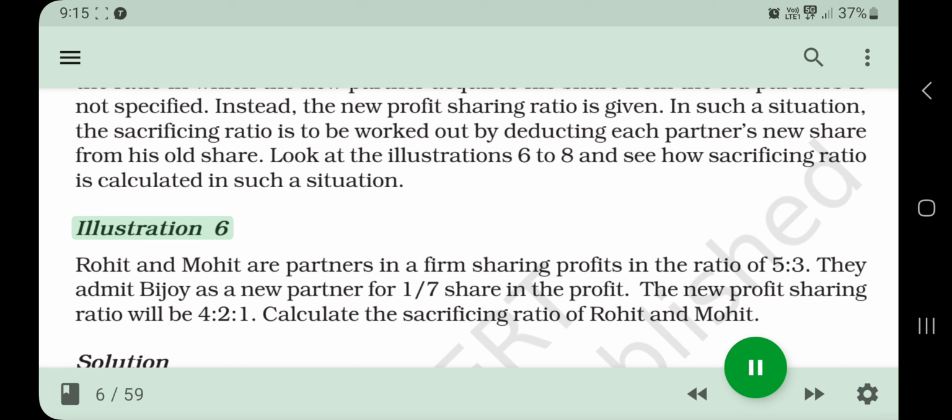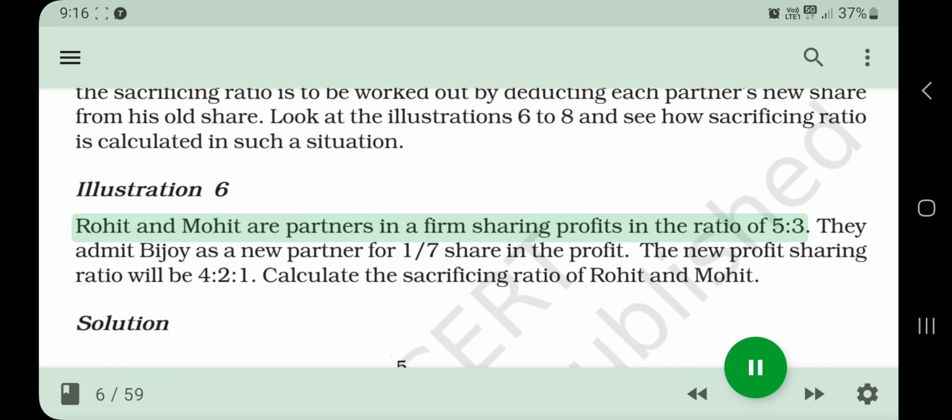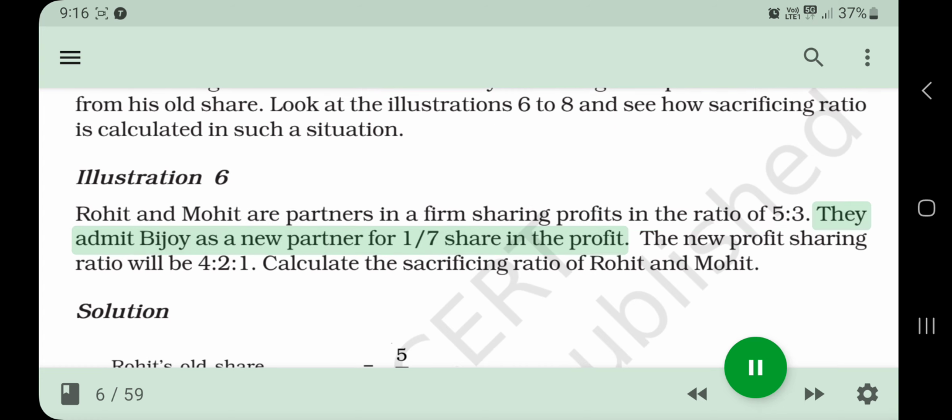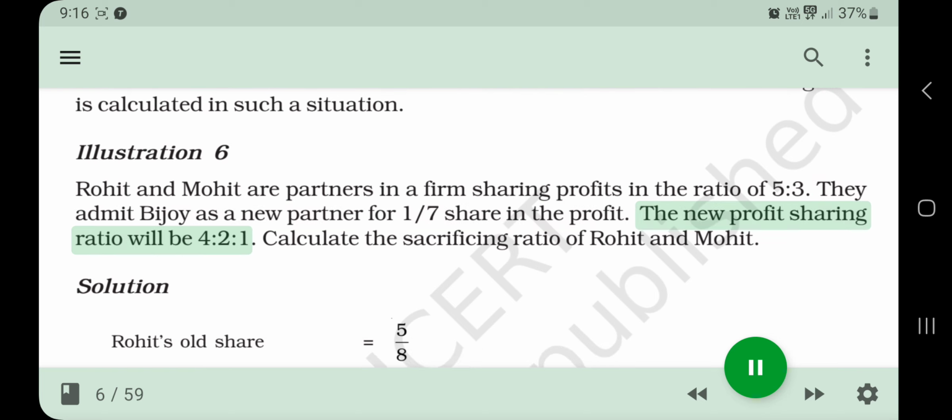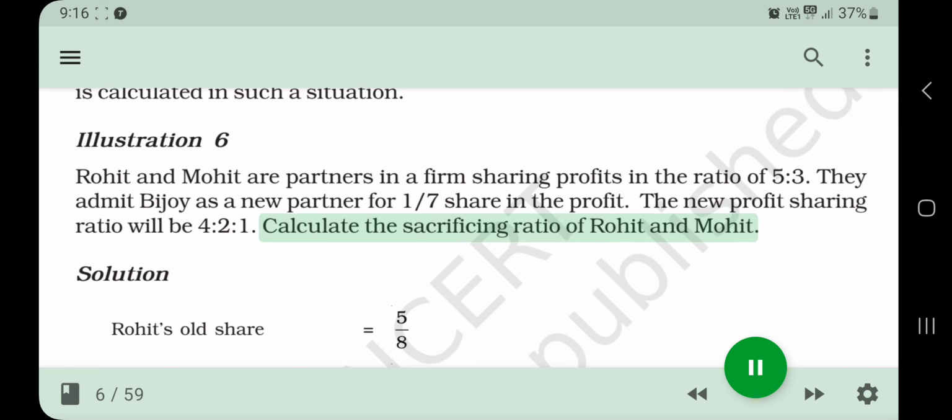Illustration 6. Rohit and Mohit are partners in a firm sharing profits in the ratio of 5:3. They admit Bijoy as a new partner for 1/7 share in the profit. The new profit sharing ratio will be 4:2:1. Calculate the sacrificing ratio of Rohit and Mohit.